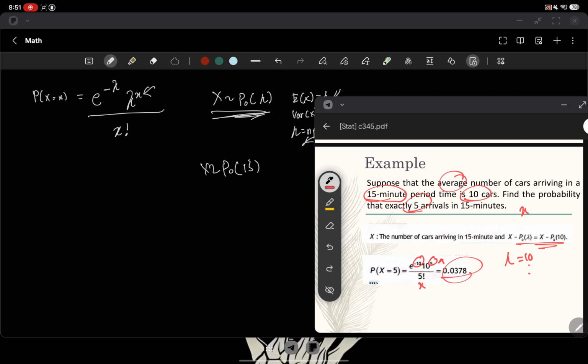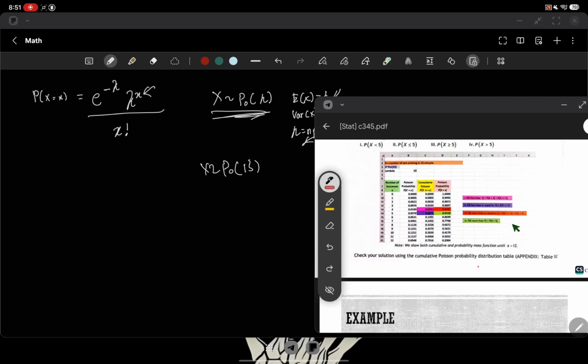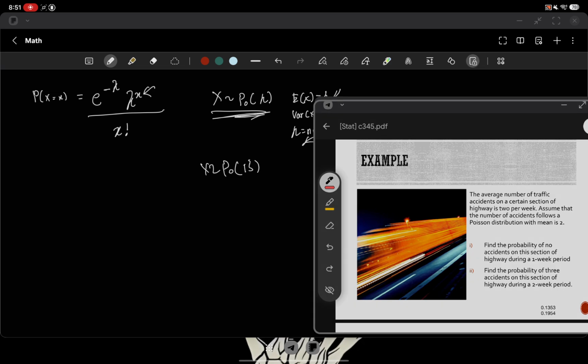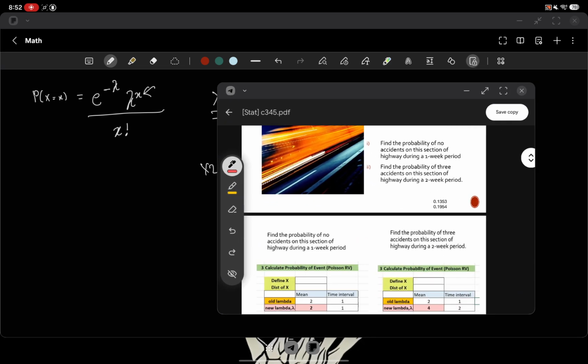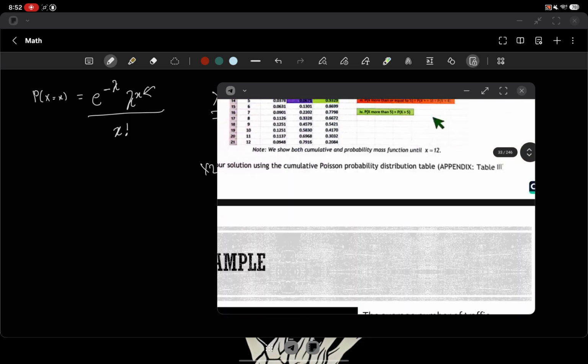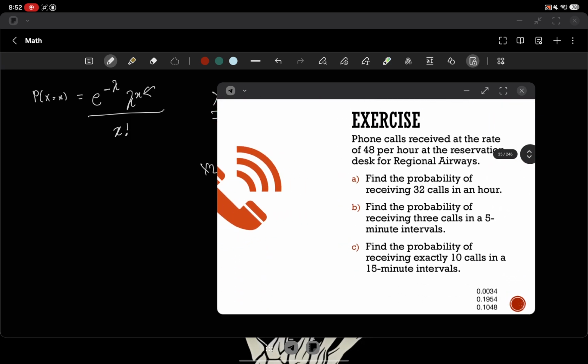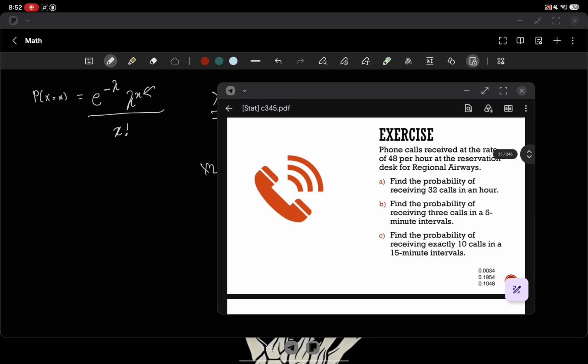Now, another example would be this. We'll try to do this.